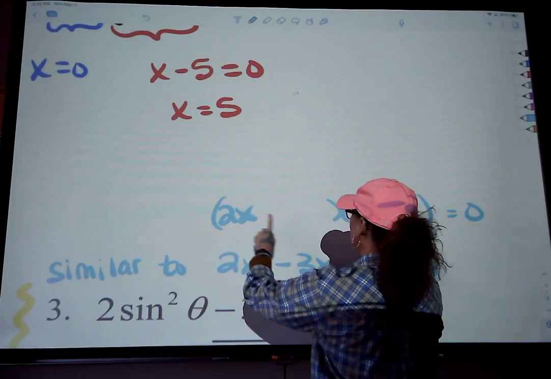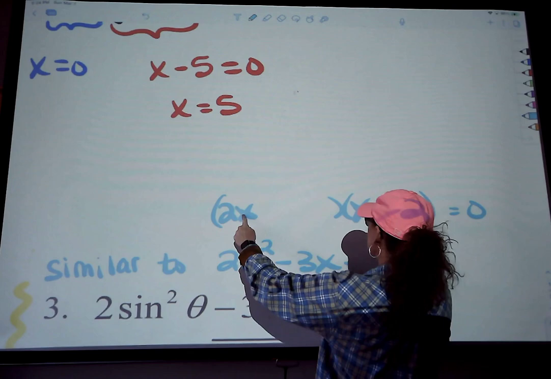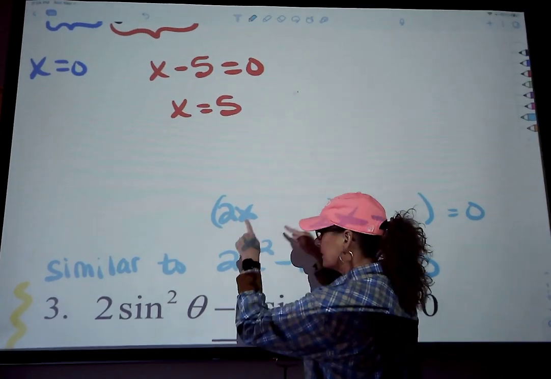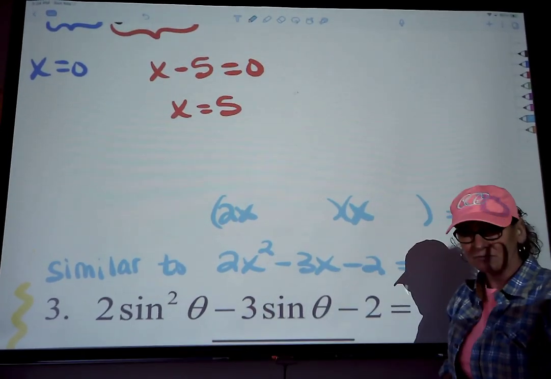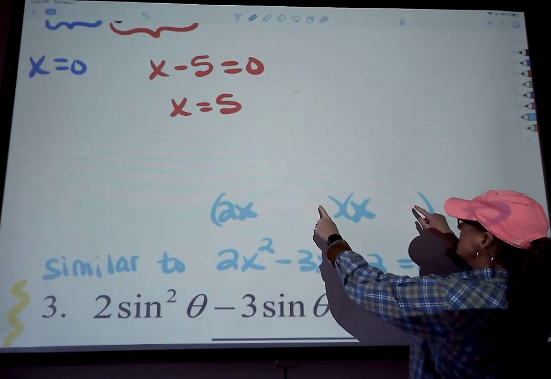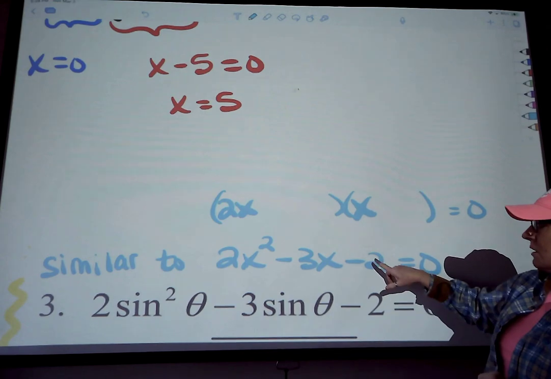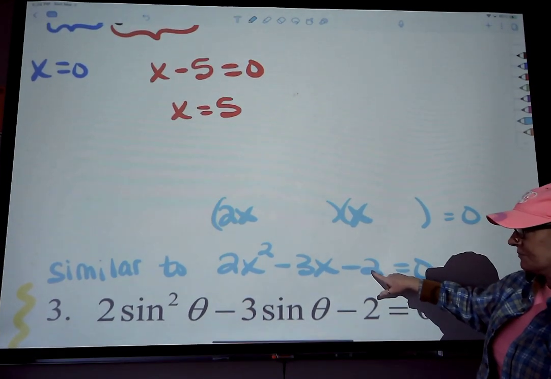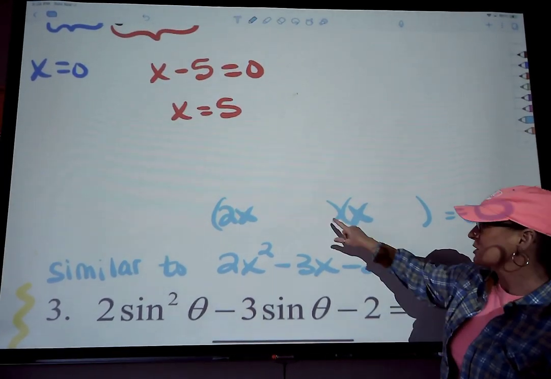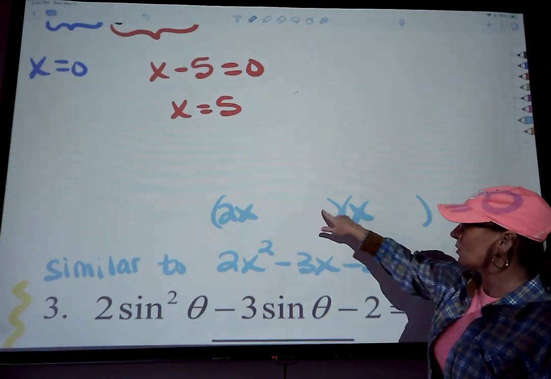I think I need a 2x and a 1x, don't I? Isn't 2x times 1x 2x squared? Okay, now I need numbers that go here and here. This is a 2. So I think my only option is put a 2 here and a 1 here, or a 1 here and a 2 here.